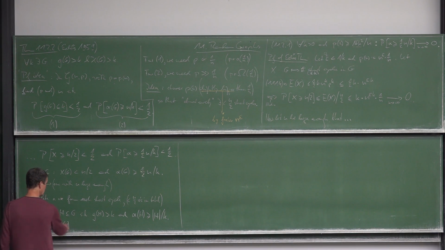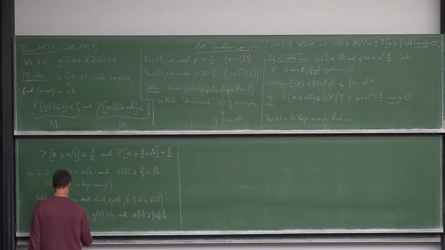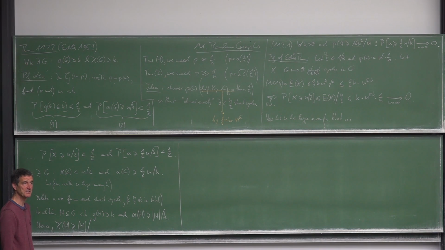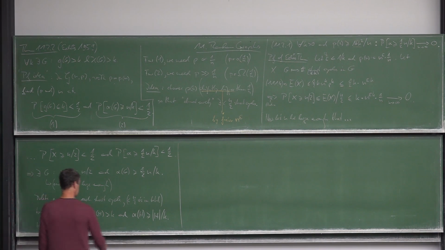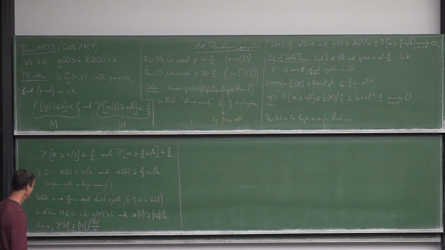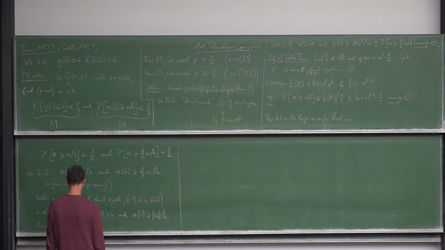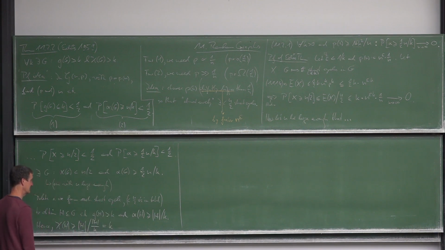So the chromatic number of H is at least its number of vertices divided by the maximum size of a color class, which is this, right, like this. And that is K.